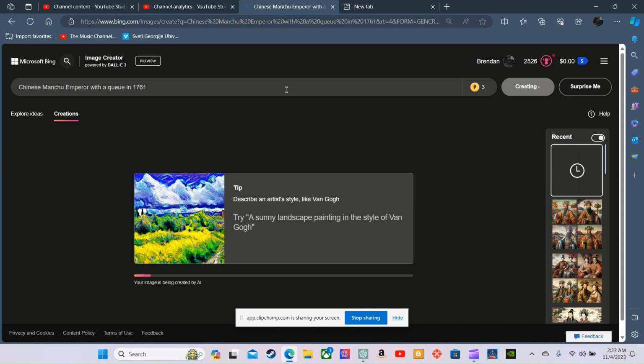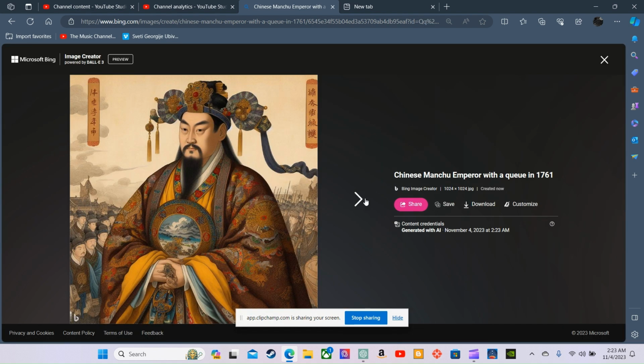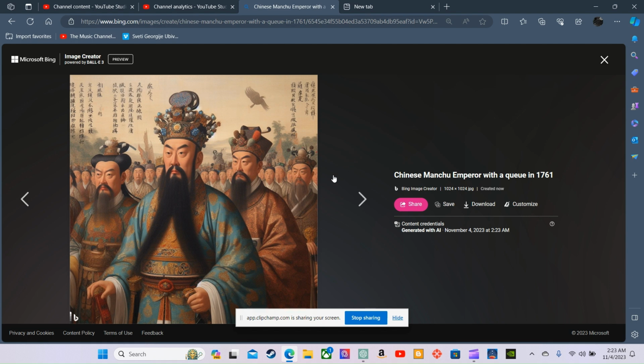And to be honest, I'm not quite sure it's going to get it right. I mean, this is one of those limitations. And once again, the stereotypical image of the emperor is one that it's able to produce. And in fact, surprisingly, the AI is able to create Chinese calligraphy, which is very impressive.